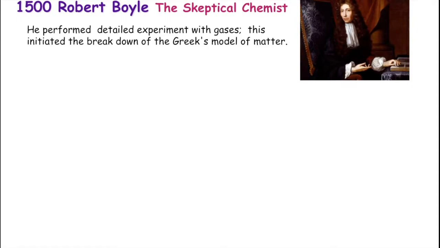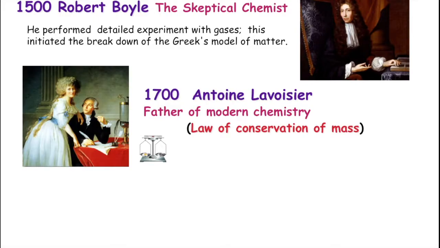It really started with Robert Boyle. He did a lot of experiments with gases, and he performed detailed experiments, and he showed that matter wasn't really earth, air, fire, and water, that you can get a fundamental piece that you couldn't break down any further. So he started to give credence to Democritus and break down the earth, air, fire, and water model of matter.